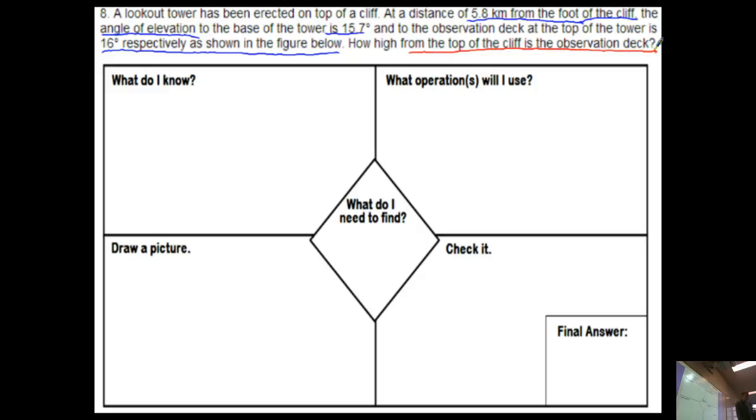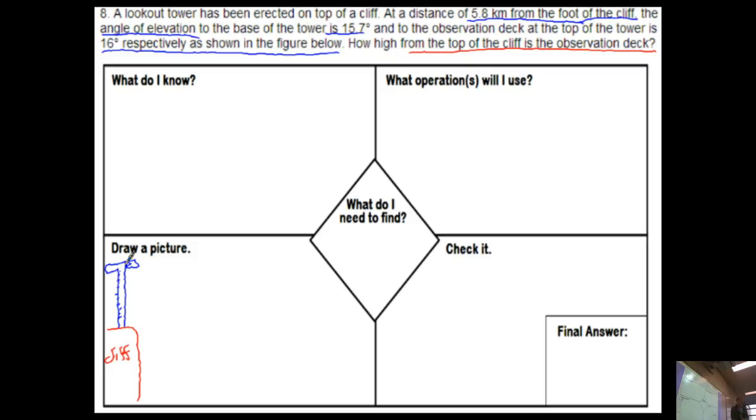Alright, so let's try and visualize this and draw a picture. So we've got some cliff. Okay, and on top of the cliff we've got an observation tower. Might look like that.